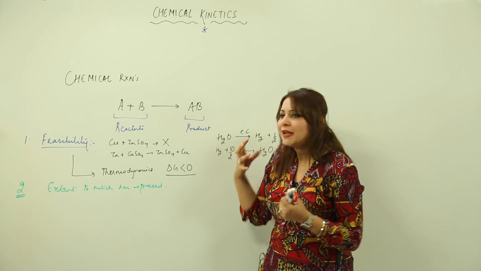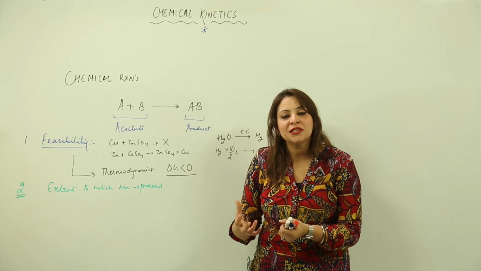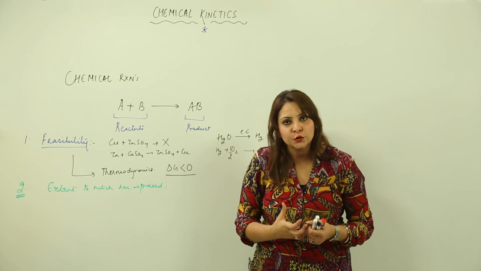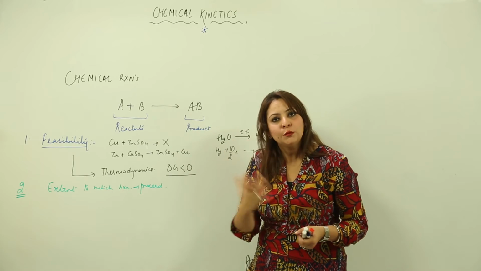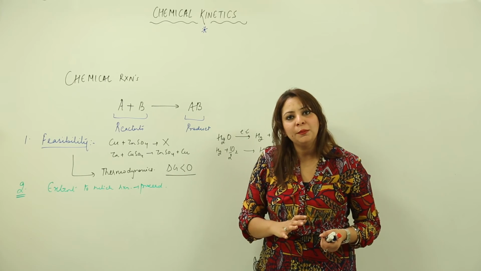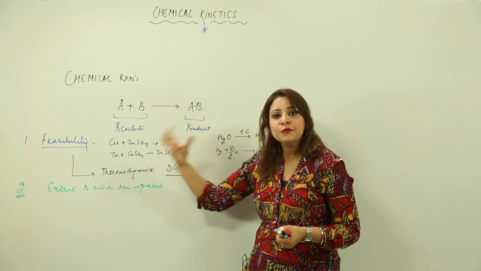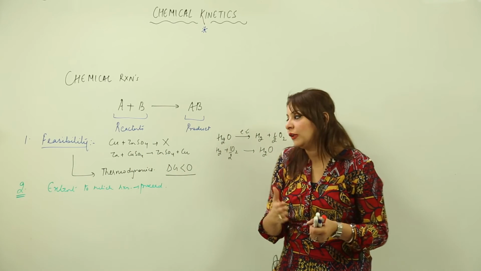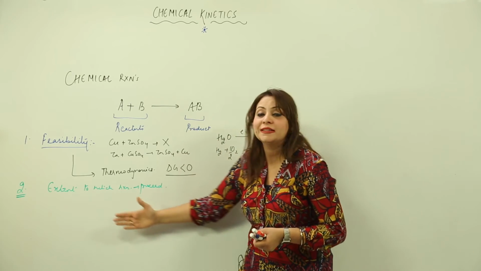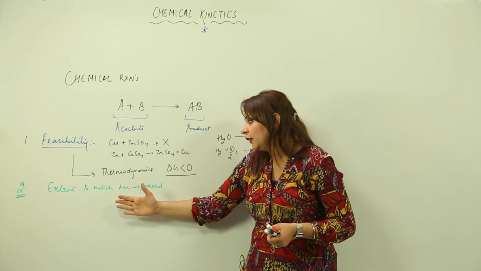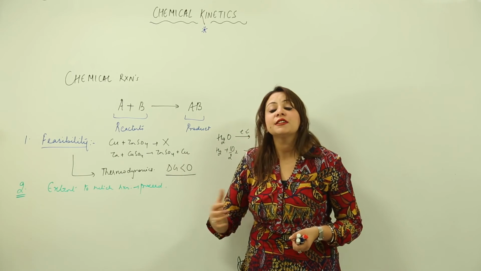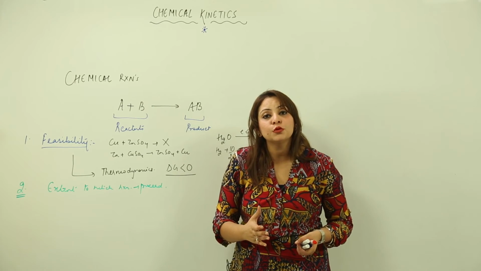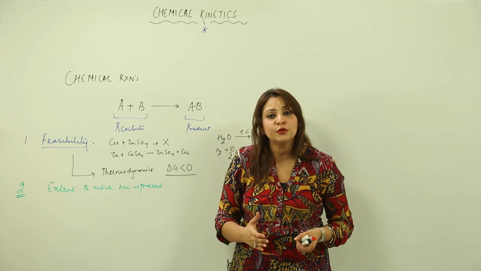But how much AB is going to form, and how much concentration will be there at the end of the reaction? Will all A and B combine with each other and result in the formation of AB, or will we be left with some concentration of A and B? This is called the extent of the chemical reaction. And you know from which physical phenomenon we come to know about the extent to which the reaction is going to take place.